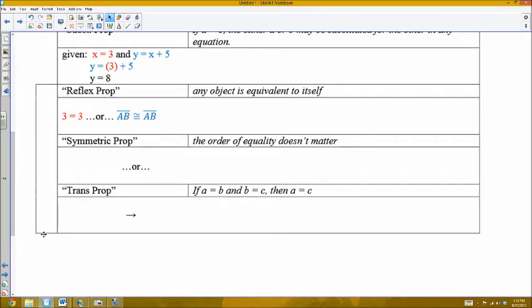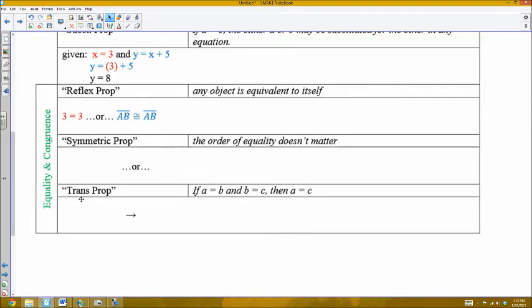So these last three properties are not just properties of equality, they're also properties of congruence. If it helps, see the reflexive part of the reflexive property like reflection. If you imagine a little mirror across the equal sign, it should be reflected equivalently on both sides. That's the reflexive property. Similarly for the congruent side, AB and AB are the same.